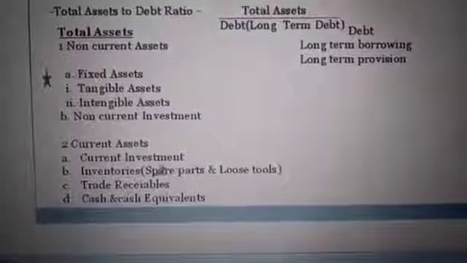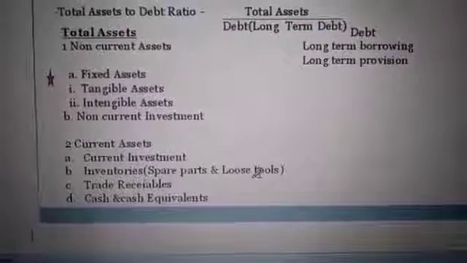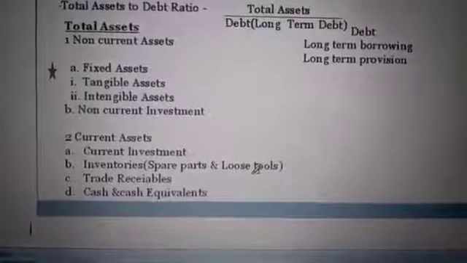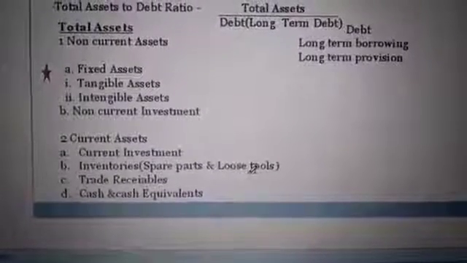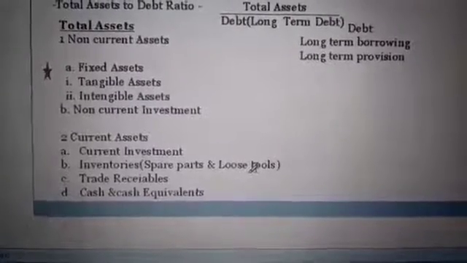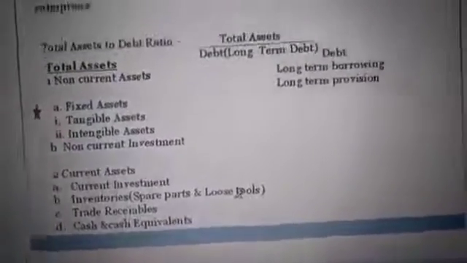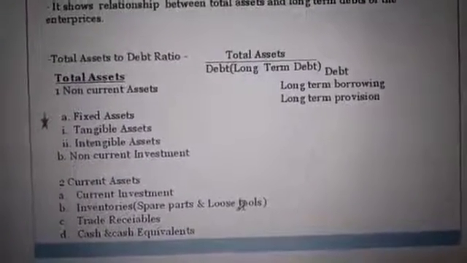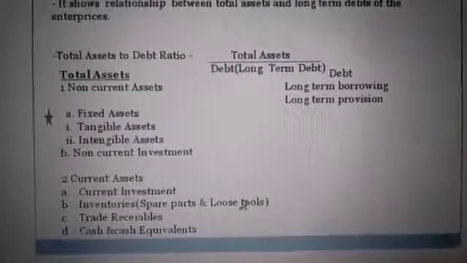Achha, something is new here. What is new? Spare parts and loose tools are included. Before, in finding the current ratio, we were excluding them, but now they will be included in the inventories. So that is the new thing in finding this ratio, total asset to debt ratio.